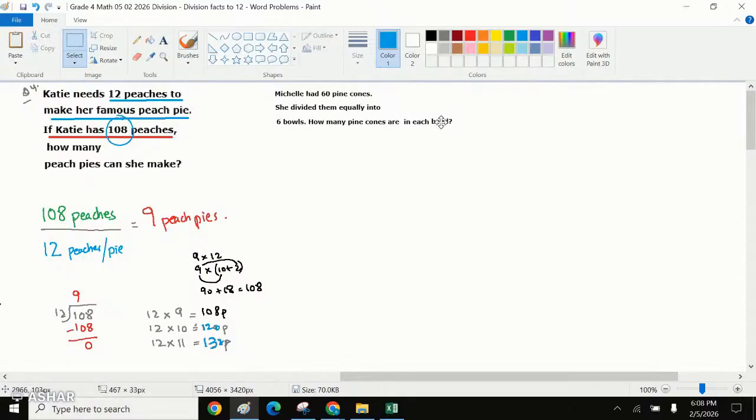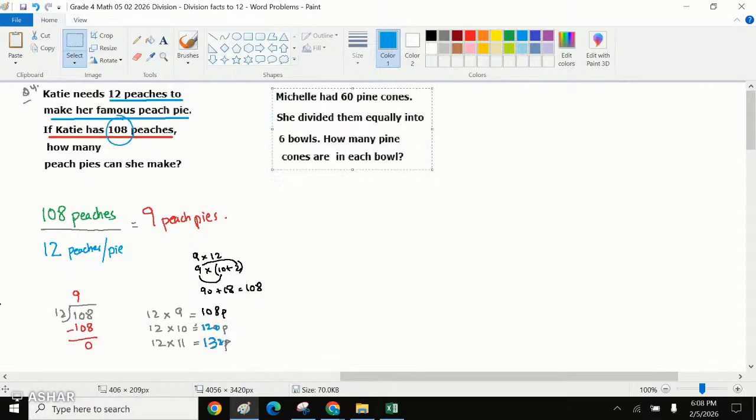They've been divided equally into 6 bowls. How many pine cones are there in each bowl? In question number 5, it was just a typing error, right?